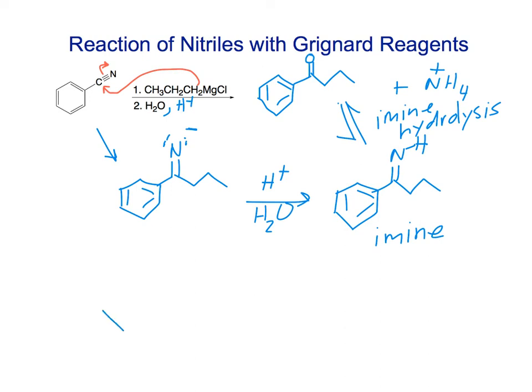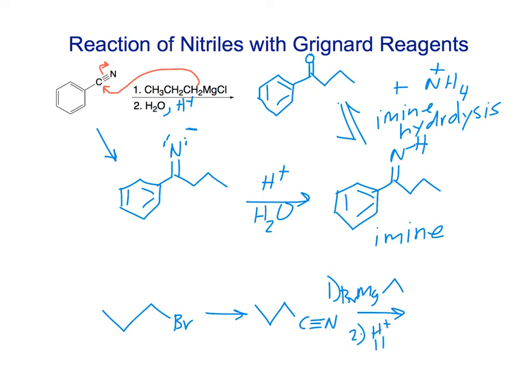Okay, so we could think of something like this. We could start with an alkyl halide. We could do a substitution. Maybe I should do this in the reactions tomorrow. And then from there, we could even add another Grignard, then H plus, and what do we get?